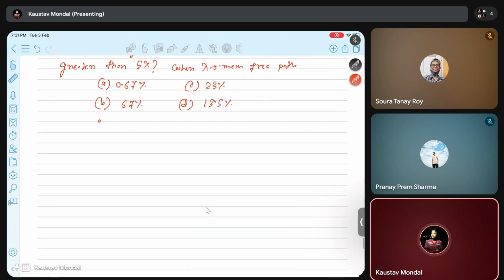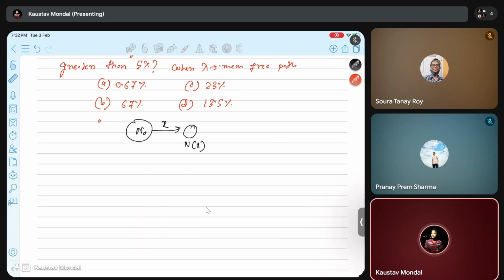Okay, it's easy. So we know if n naught is the number of molecules initially, after traveling a certain distance x, nx is the number of molecules.